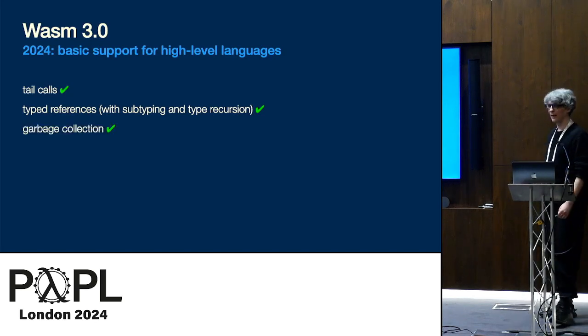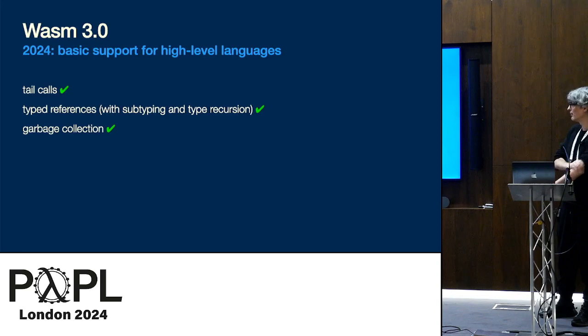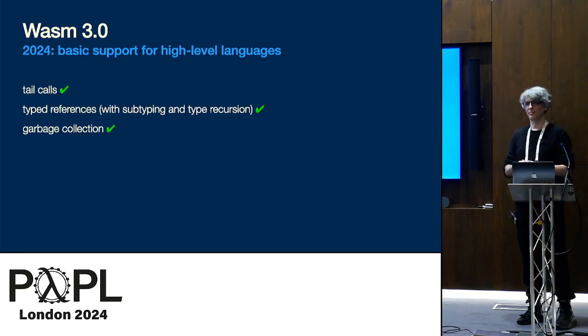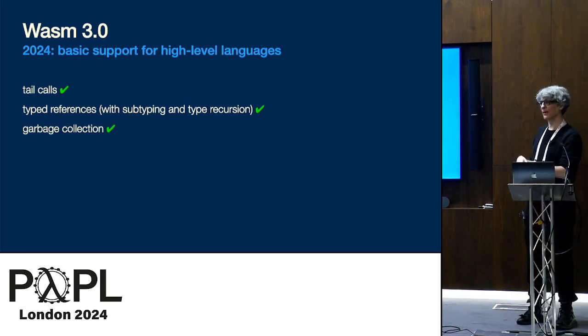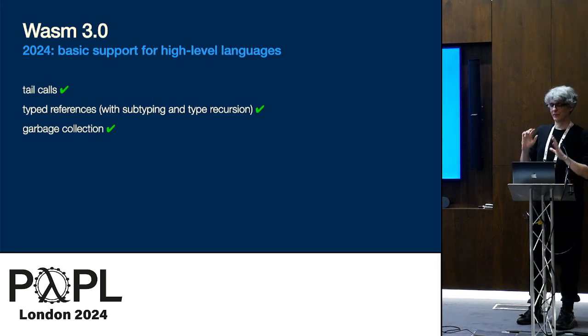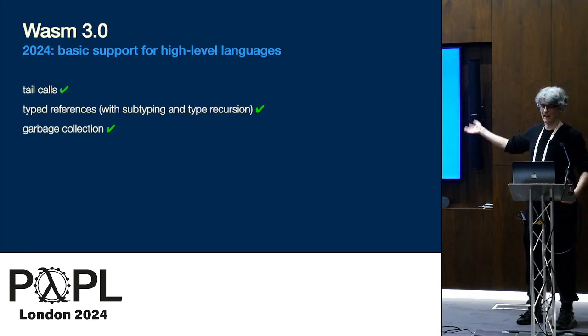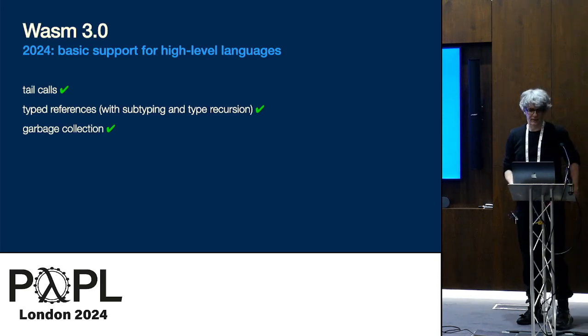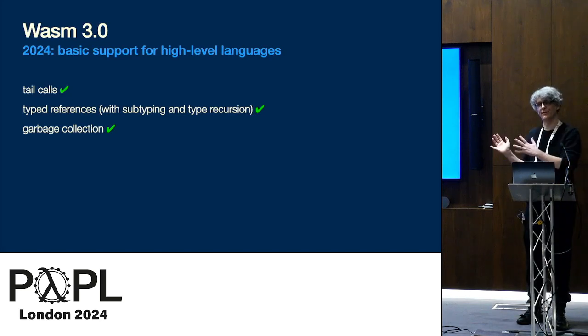And based on that, the probably biggest feature we have added is garbage collection. So primitives to allocate something on an opaque heap, a heap that is completely separate from the linear memory. In the browser, it will basically be the JavaScript heap, but you can't really observe that. There's some heap, and the only thing you can do with it is allocate on it. You can allocate tuples and arrays, essentially.